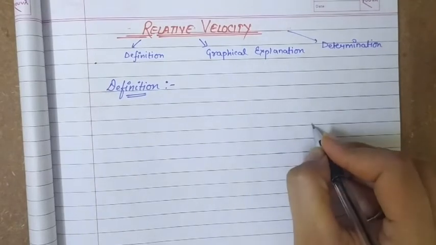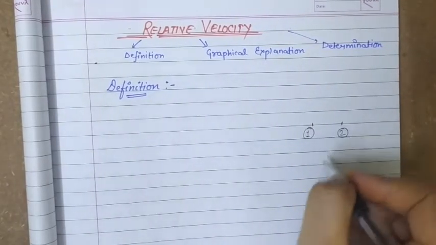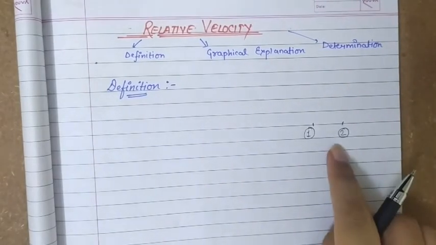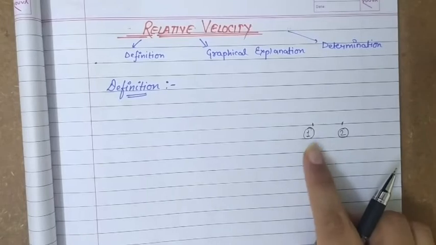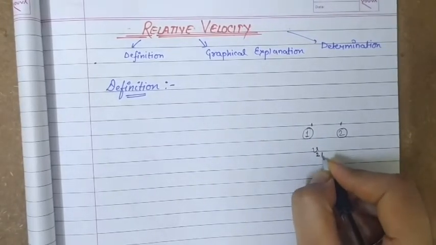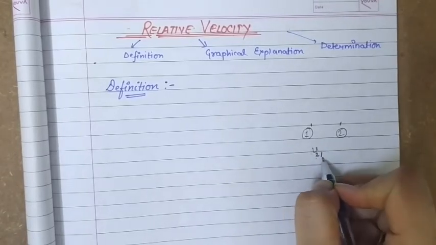Suppose I have two objects, object 1 and object 2, and I want to find the relative velocity of object 2 with respect to object 1, then I write it as v21. v21 means velocity of object 2 with respect to 1.